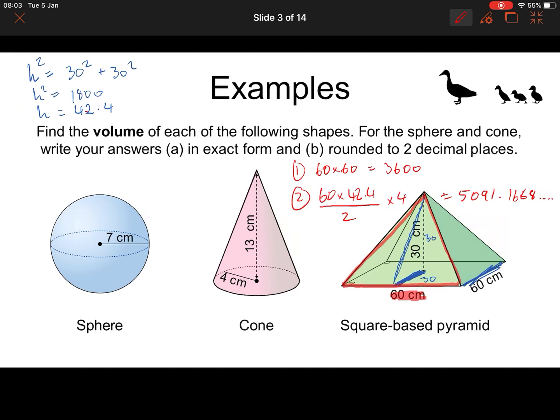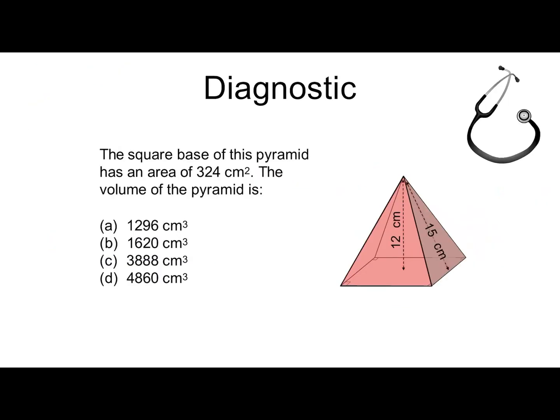And then we just got to add them together. So add the 3,600 and we get a surface area of 8,691.17 centimeters squared. Okay, so that is how we work out the volumes and surface areas of a sphere, a cone, and a square-based pyramid.